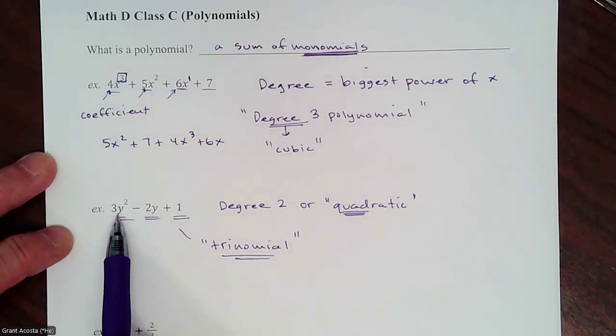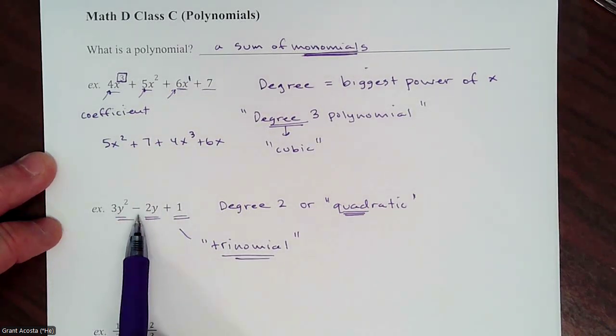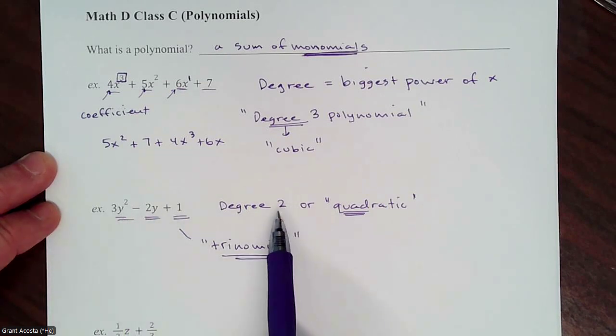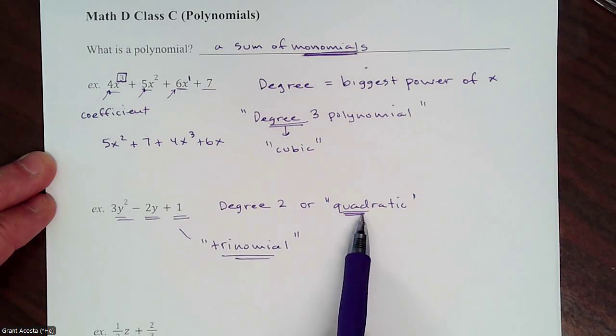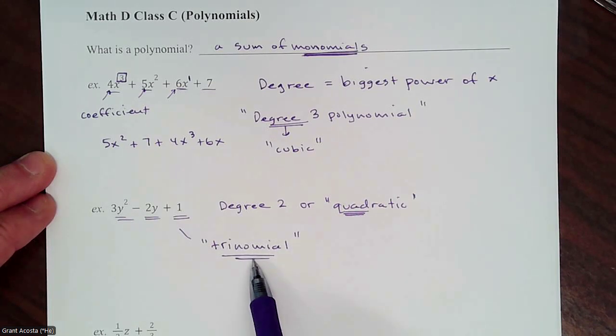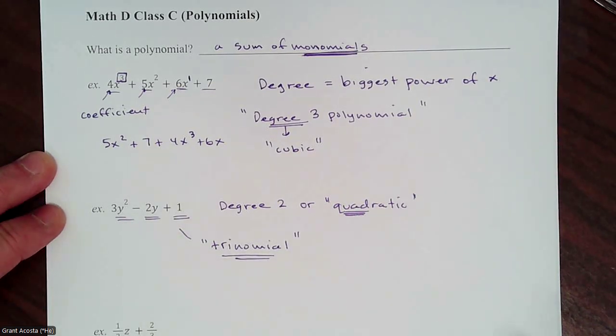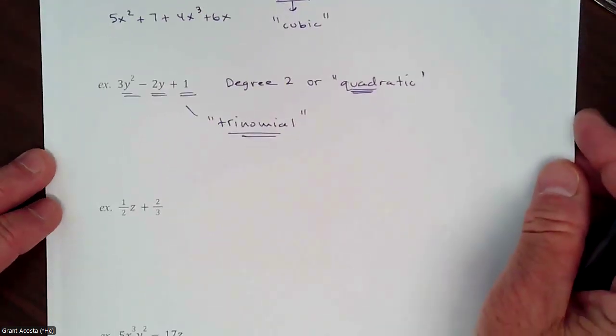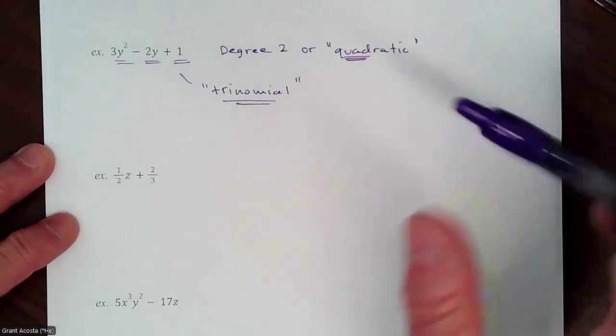So this polynomial could be classified in many ways. You could just call it a polynomial, a degree 2 polynomial, a quadratic polynomial, or a trinomial. Those are all ways to describe this polynomial, but again, it's just a sum of a bunch of terms.